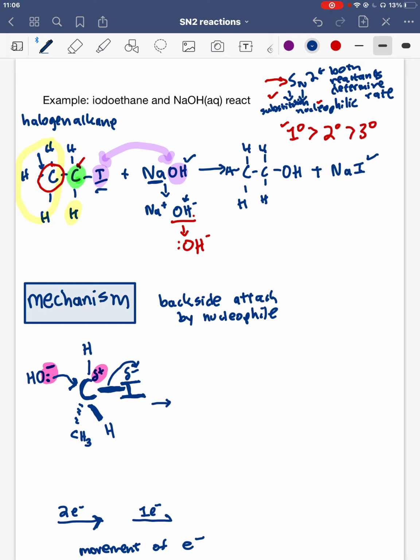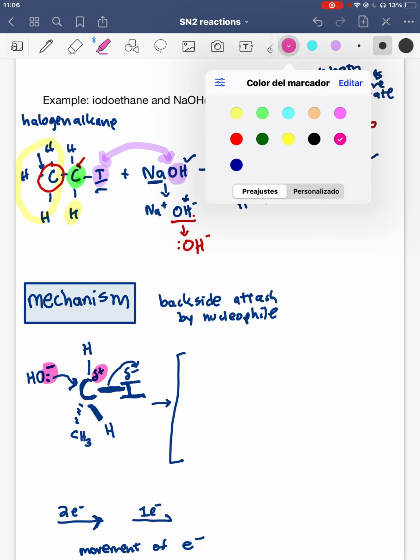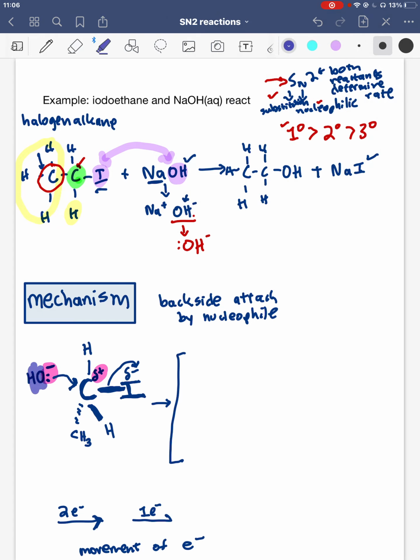Now, before we end up with our beautiful alcohol product here, we get this transition state. The transition state is not very stable, but it does exist, so we do need to show it. How am I going to show the transition state? Well, I'm just going to follow along in the molecule. I have this HO.